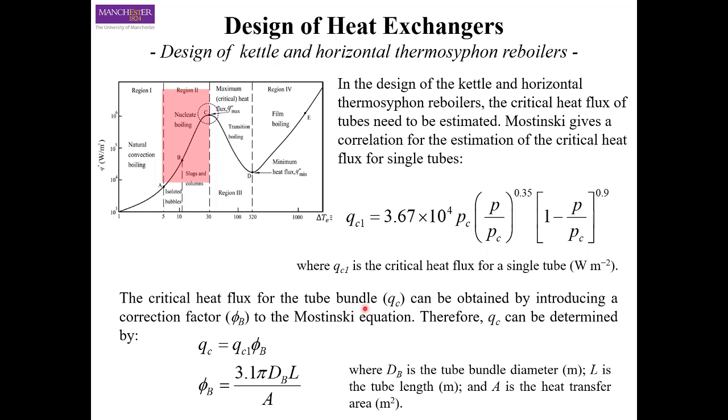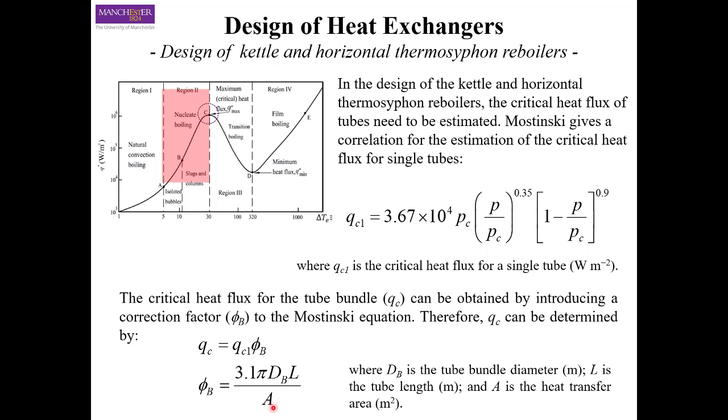And we can do that by introducing a correction factor in this equation here, and that correction factor is given by phi b, and we can calculate this phi b by this formulation here, and that is actually a function of the diameter of the tube bundle. So not only one tube now, but the diameter of the whole tube bundle, the length of the tube, and the area of heat transfer.